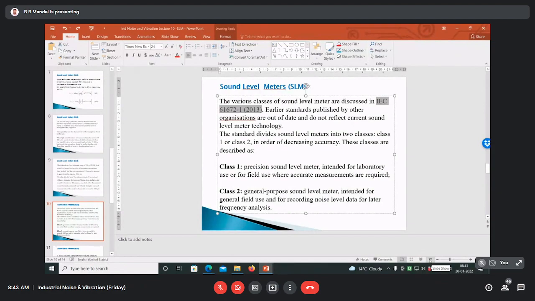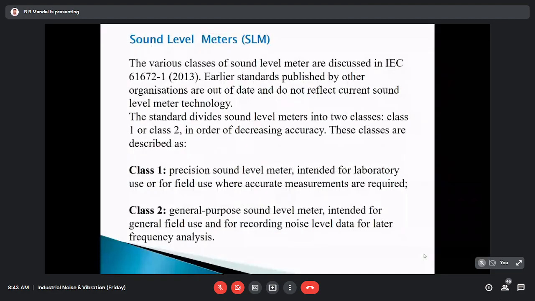That means this commission is giving you directives, based on scientific data, as to what should be the technical specifications of sound level meters.